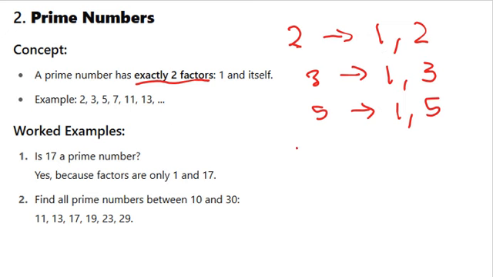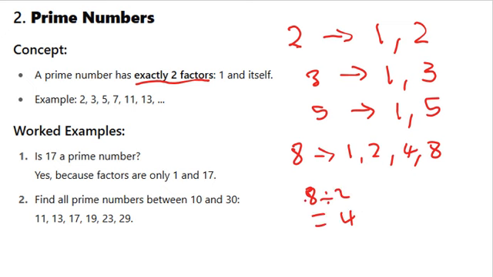So if you are given a number like 8, it has factors 1, 2, 4 and 8. Every number has 1 and itself as a factor, but this one has 2 additional factors. 2 can get into 8 and it will give you 4.